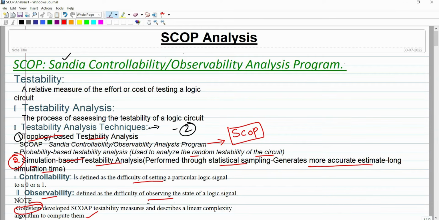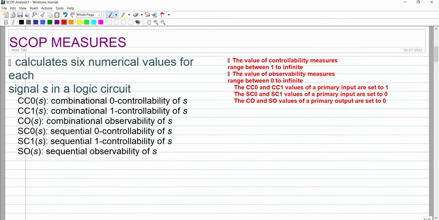Fine. So let's move further. SCOAP measures: we have two types, the first one is combinational measures and the second one is the sequential measures. Combinational measures are 3 and sequential measures are 3. Totally we have 6 numerical values or 6 measures.